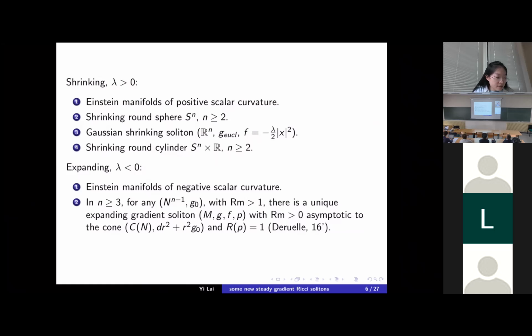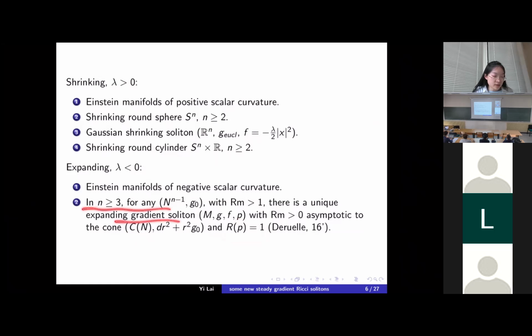And the second class of expanding gradient solitons I want to mention here is a theorem by Alix Deruelle, and he shows that for any n-1 dimensional Riemannian manifold, if it has curvature operator bigger than 1, then there is a unique expanding gradient soliton with positive curvature operator, and that is asymptotic to the cone over this n-1 dimensional manifold. And to make it unique, we have to require that at the critical point of f, the scalar curvature is equal to 1.